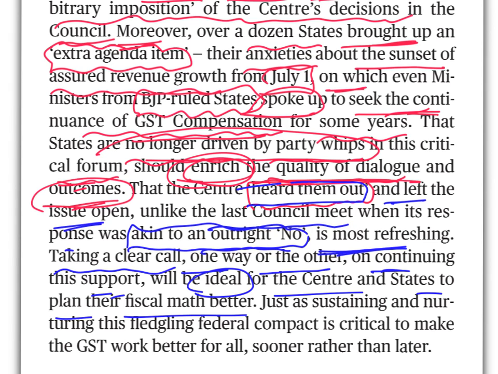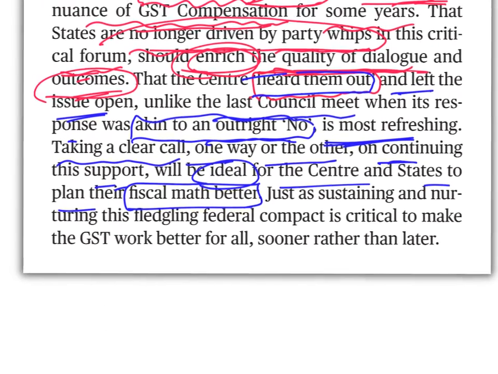If center says it is no longer going to be continued, then states will plan their budget in a different manner. Our income will go down, so we have to cut down certain items. So in order for them to plan their fiscal math better, center has to say yes or no instead of postponing it further and further.